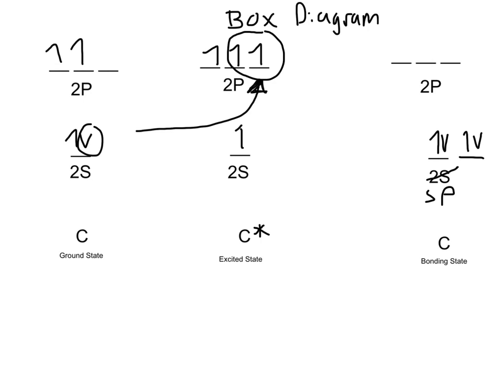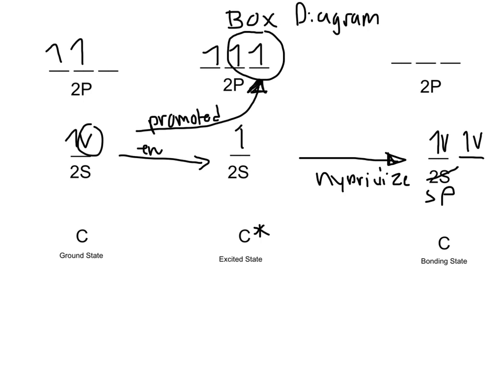So what did hybridize? Let me just represent that here. Was the sp orbital. And when we actually promote it up here, I'm going to fill that in. It used up a bit of energy as well.